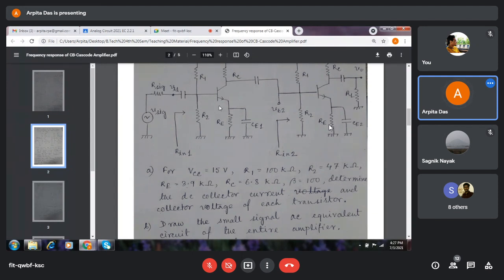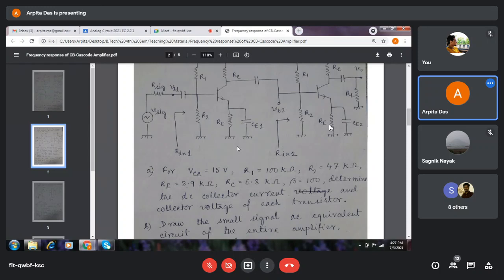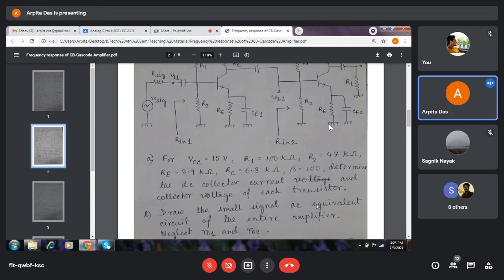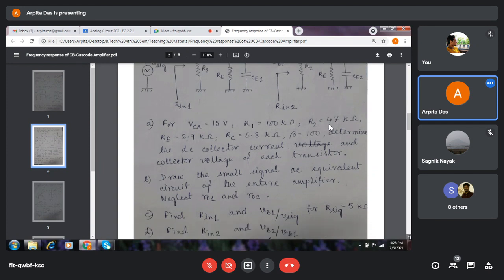So the same type of symbols are used here, R1, R2, RC, RE for biasing purposes, RS is the signal resistance, RL is the final load. And the values of these resistances R1, R2, RE, RC are given. Beta of the transistors is given, and it is mentioned previously both transistors are identical, meaning both have the same beta value.